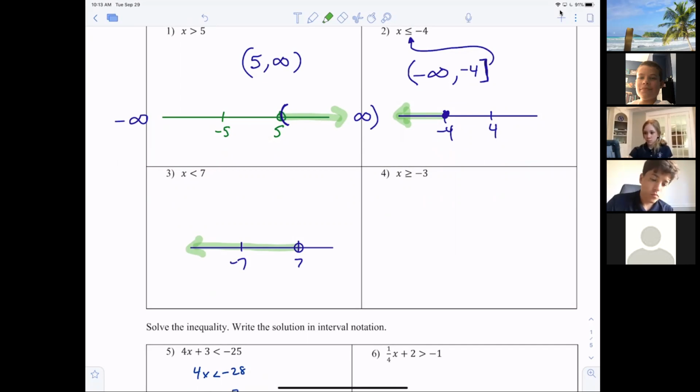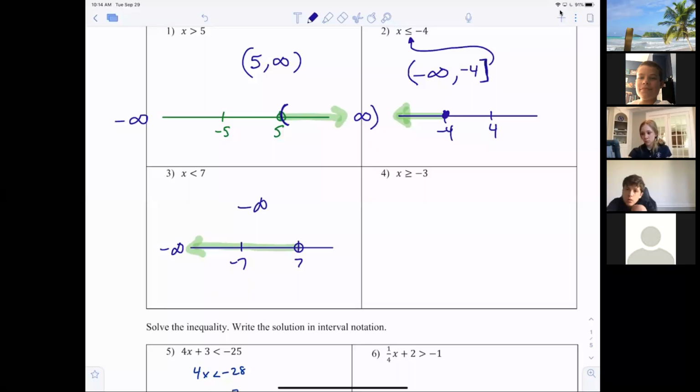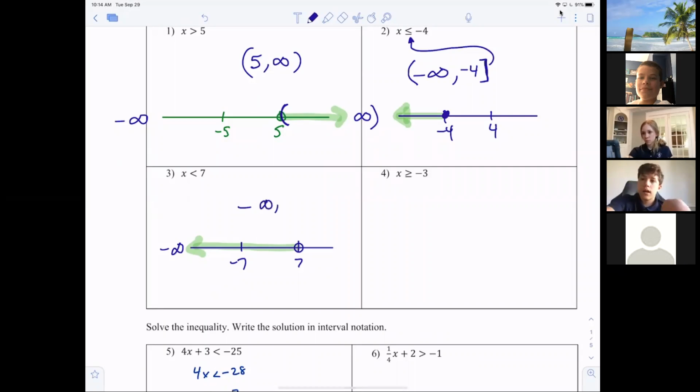We read left to right. So how far left am I going? Negative infinity. That's how simple it is. Negative infinity all the way to 7. Is it a bracket on 7? No. Never a bracket on infinity.